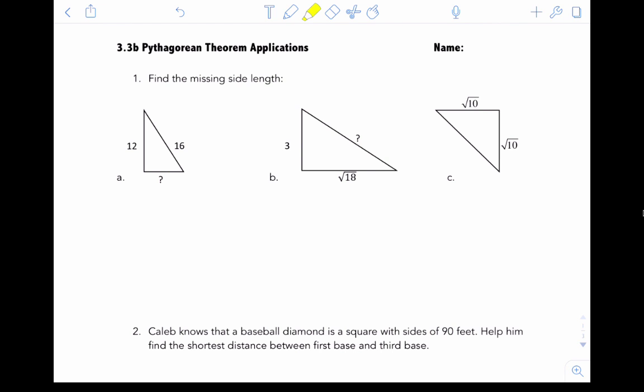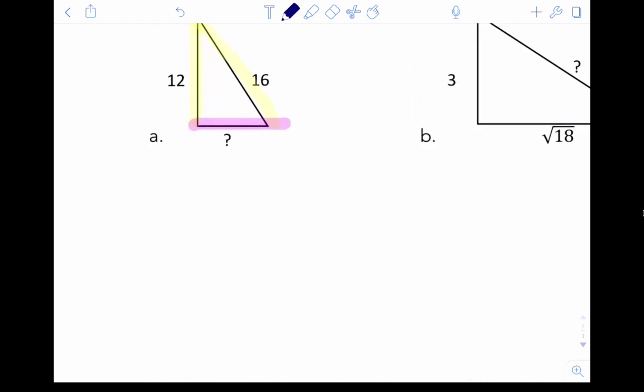So to do this first one, we notice that we have a leg and the hypotenuse. So we need to find the other leg of this triangle. So let's go ahead and set up our Pythagorean theorem.